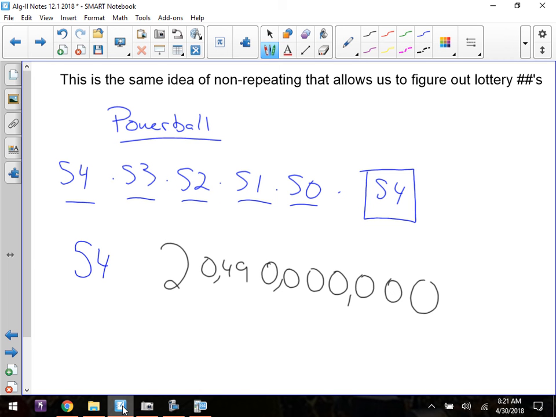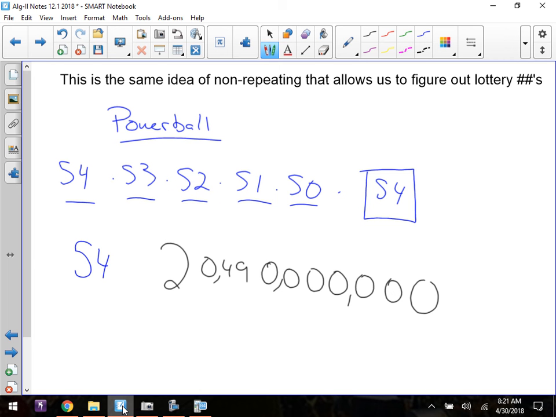Yeah, 20 billion. So when you see the Powerball at $100 million, whoa. $100 million is just a fraction of 20 billion. Even if you spent $1 billion on the lottery, it doesn't mean you are going to have enough money to cover all the possible combinations.